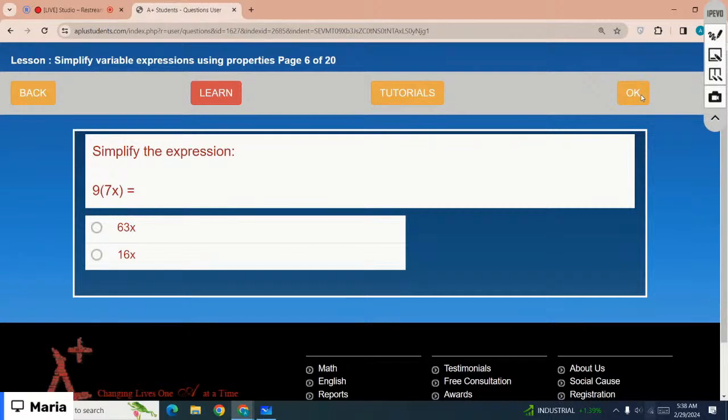So, which is the correct option? Sixty-three x is the correct option. Option number 1 is the correct one, right?